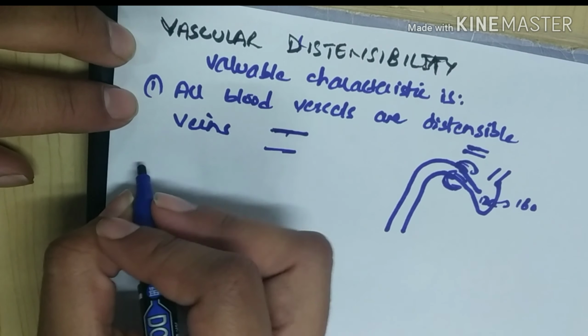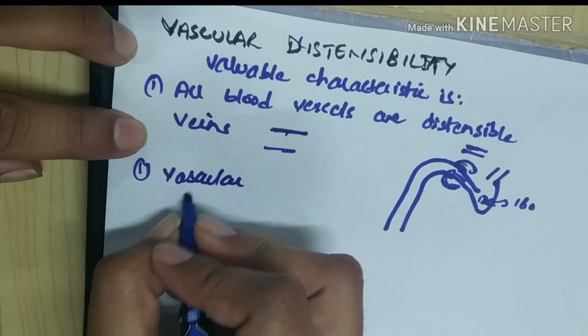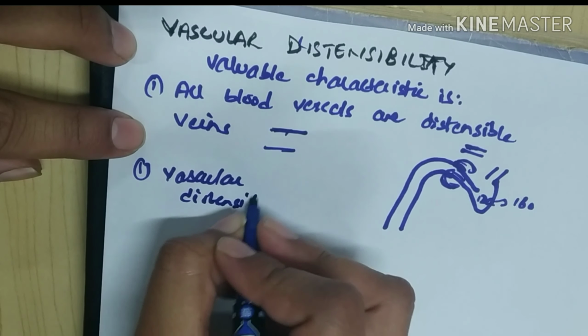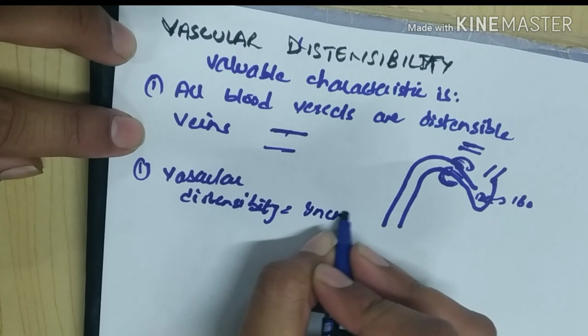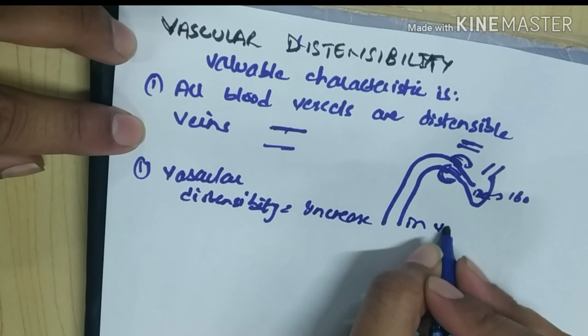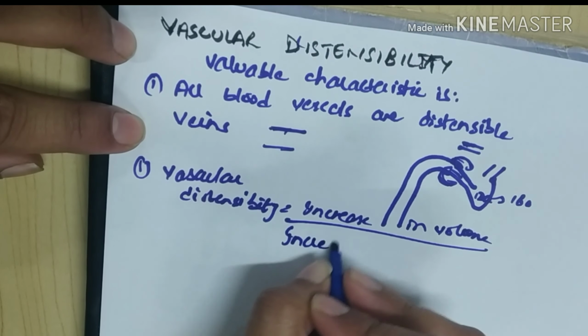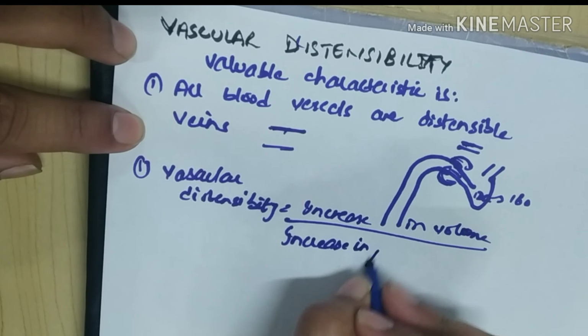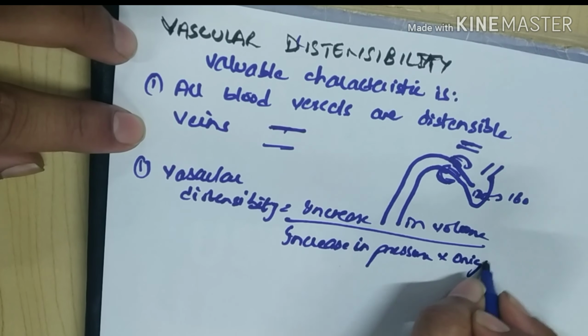Now, vascular distensibility equals the increase in volume as well as the increase in pressure, divided by the original volume.